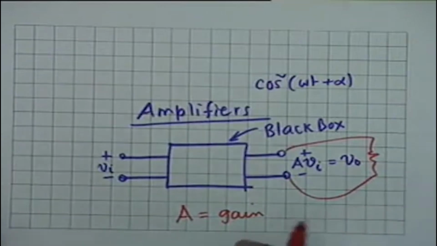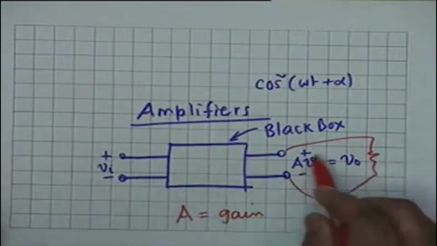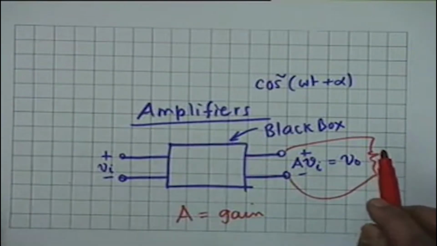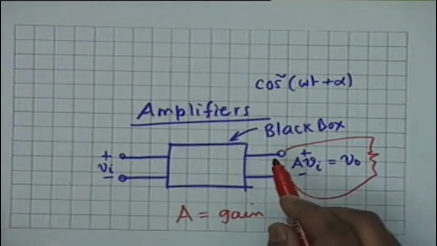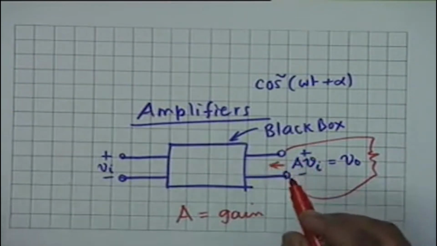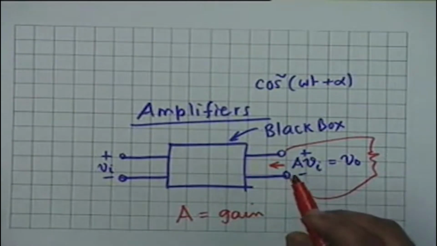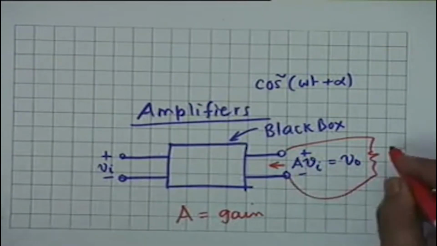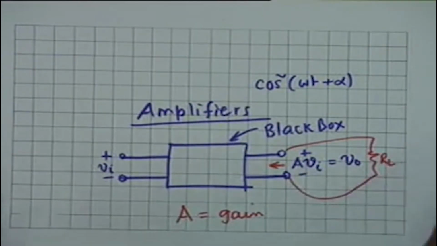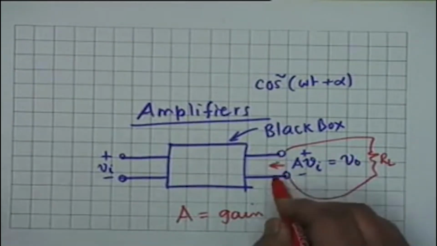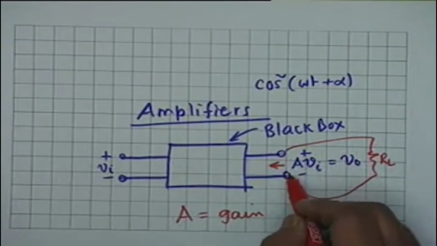Now, this irrespective of what goes on, what is connected here, this implies that the Thevenin equivalent resistance looking here shall be equal to, if the voltage developed here is AVI, irrespective of what is connected here, irrespective of the value of RL, what does it imply with regard to the Thevenin equivalent resistance looking back from these two terminals? 0.